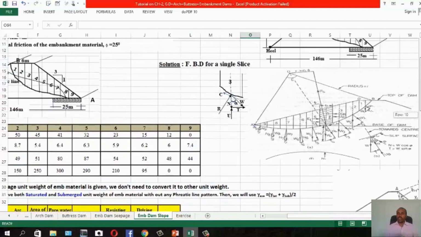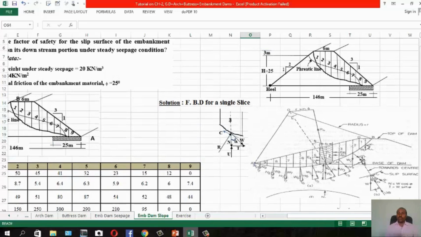This is actually for upstream, and for downstream similarly you can draw like this, which is very important, I think. For each slice you can draw the free body diagram. You have normal, which is resistance force, rather than collapsing. You have normal, which is resistance, and also cohesion or shearing resistance at the bottom of the slice.